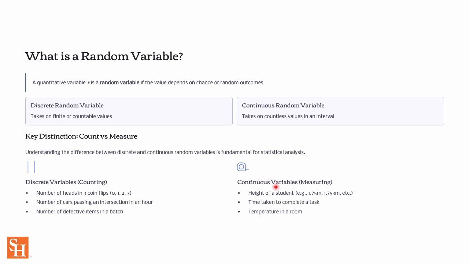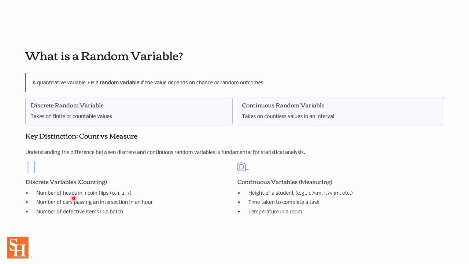Similarly, let's look into a continuous random variable. As I was saying, the height of each student could be a continuous random variable, or the temperature in a room could be a continuous random variable, right? Because it could take any value. But on the other hand, a discrete random variable will just take isolated values, right?